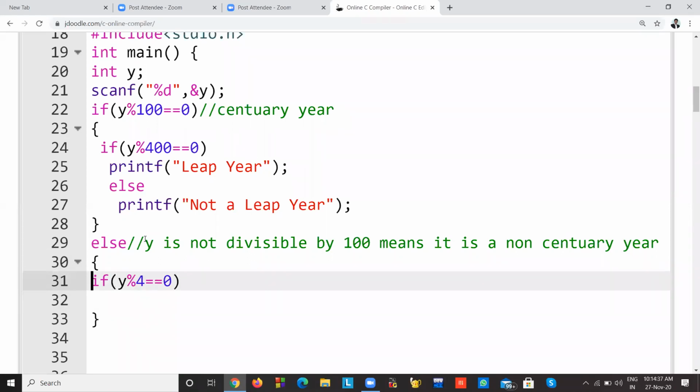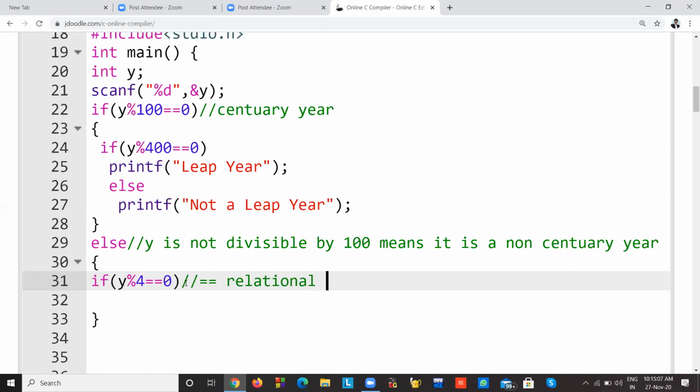What is the meaning of this? Here y is an integer. The integer is divided by 4 and we are not checking the quotient, we are checking the remainder. The modulo operator always gives the remainder. That remainder we are checking against 0, to see whether both are equal or not. When comparing two integers for equality, we use the double equal to operator, which is called a relational operator.